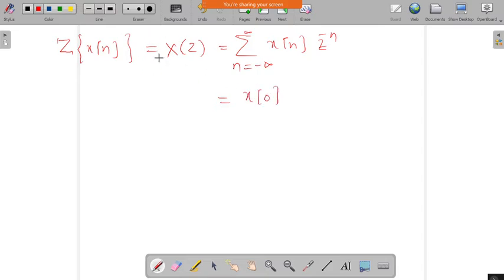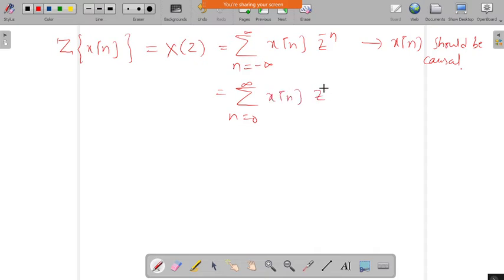Since it is a causal system, which is the condition we have, the sum exists only from n equal to 0 to infinity of x of n into z power minus n.